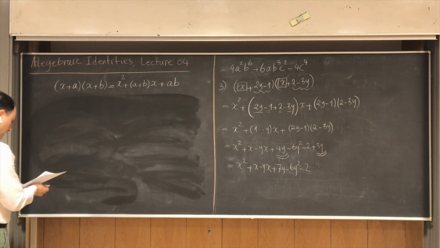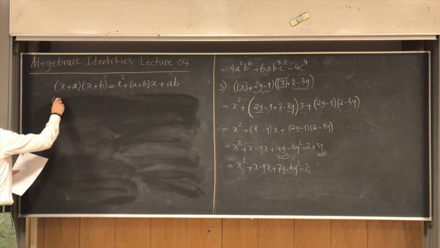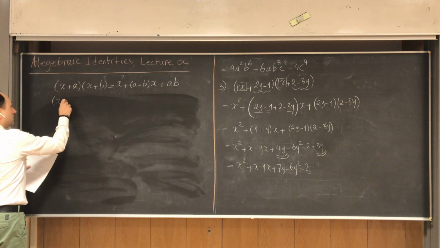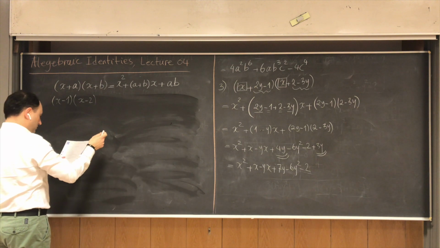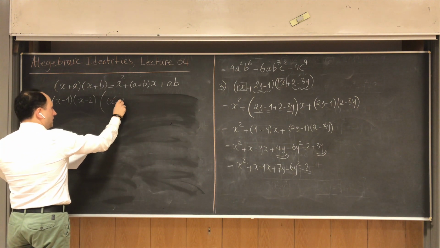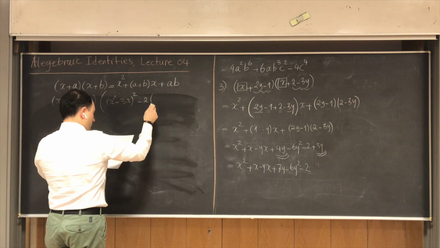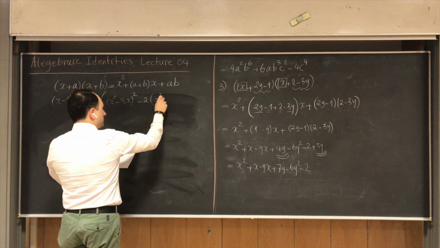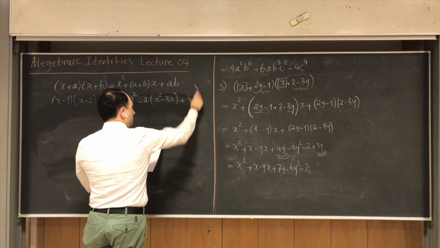Okay, so the next one is this example. x minus 1, x minus 2, and then I have this situation, x squared minus 3x to the 2, and then I have minus 2, x squared minus 3x, and then plus 4.